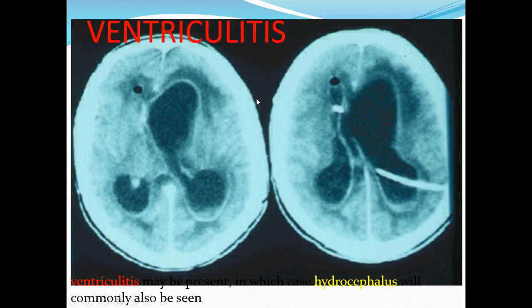Then ventriculitis. Sometimes the patient comes with the complaint of hydrocephalus, and it is very urgent, and the sterile conditions are not observed much by the neurosurgeon, and they put a shunt into the ventricle, so the obstruction is relieved.